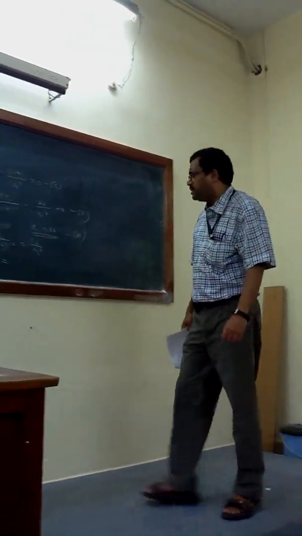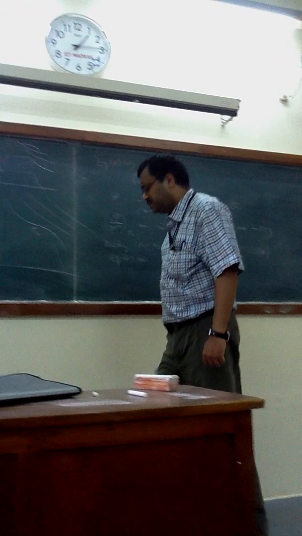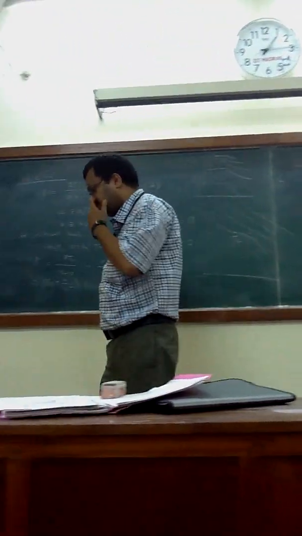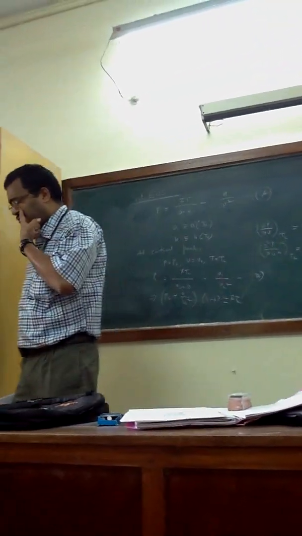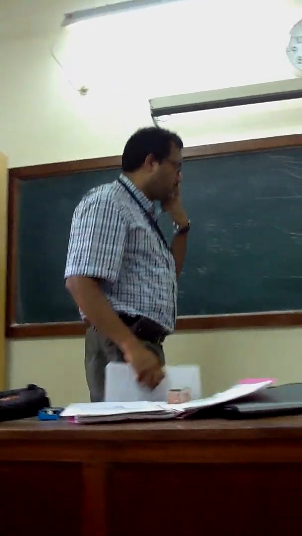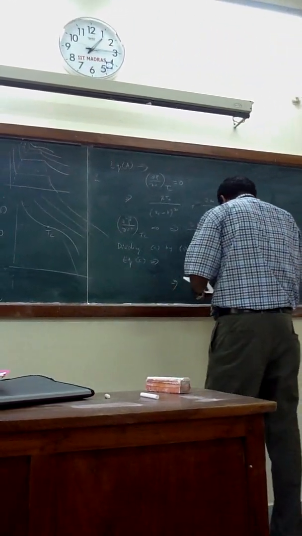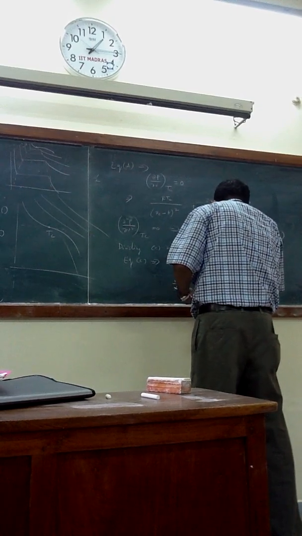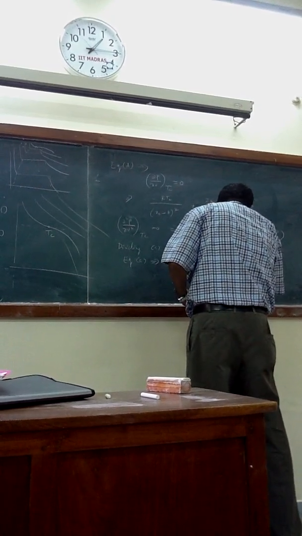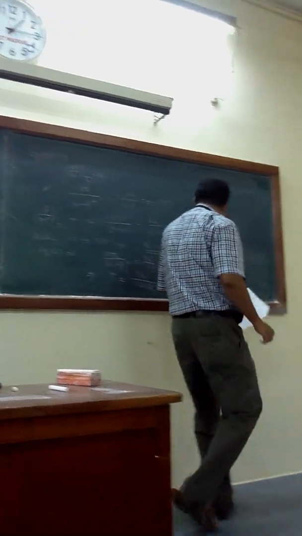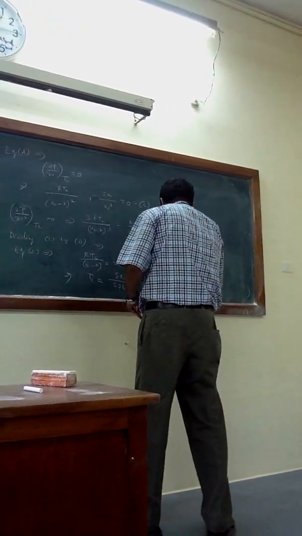How much will you get TC? From here you get TC equals 8A by 27 BR. Equation number A2.